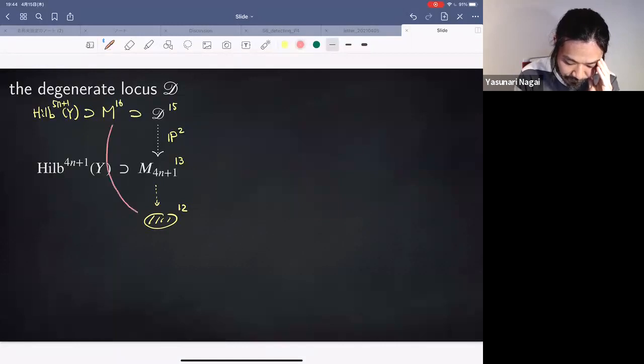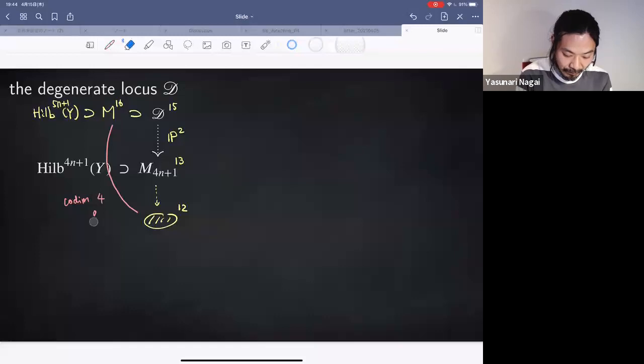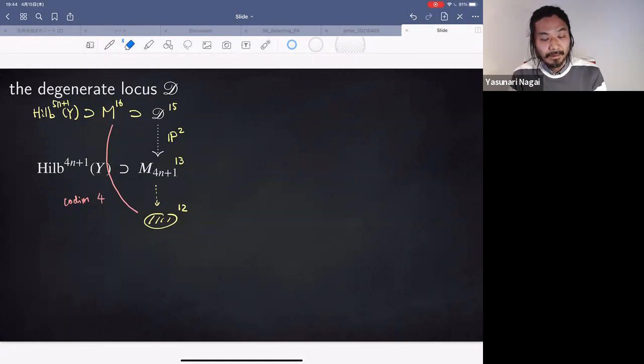So here the difference is 4-dimensional, codimension 4. That is the geometric meaning of the kernel of the generically symplectic two form.